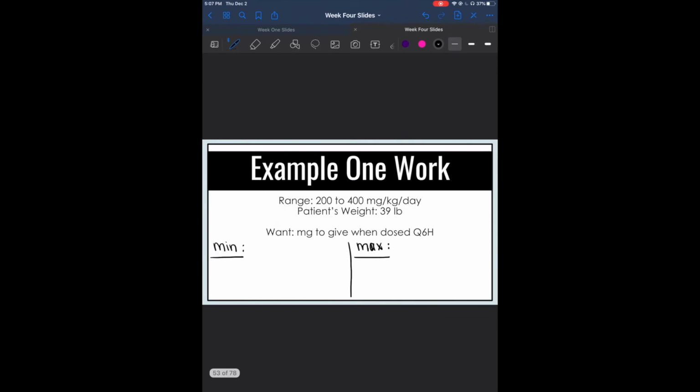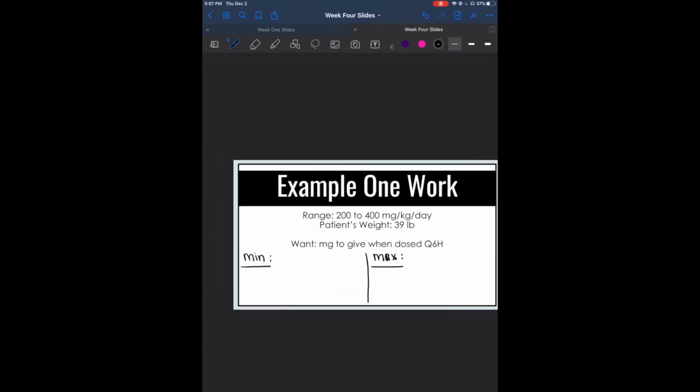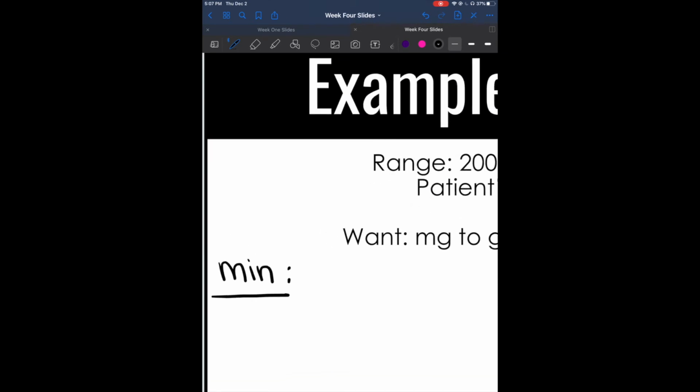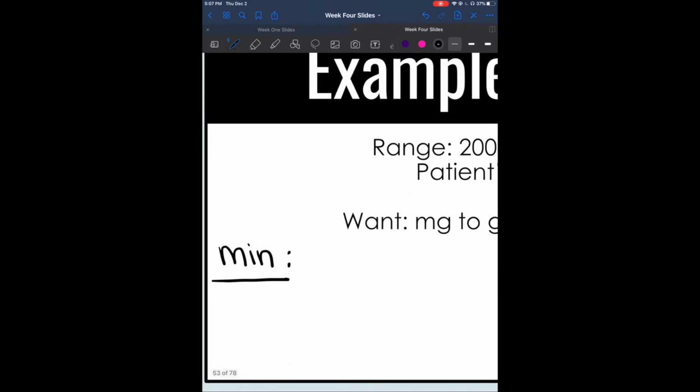And then for our next one, if we're dosed every 6 hours, it's going to be the exact same setup. We're just going to add the number of hours in our last column. So here, instead of 4 hours, we're going to put 6 hours.